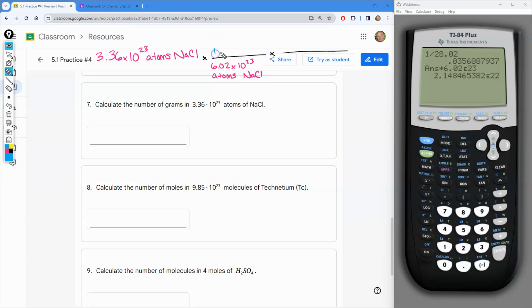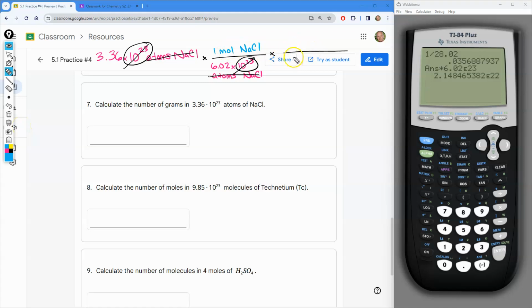That's how many are in 1 mole. So my units are going to cancel out here. Now you can't do this every time, but here both of these are times 10 to the 23rd. So those will also cancel out. Makes our calculations a little bit easier.